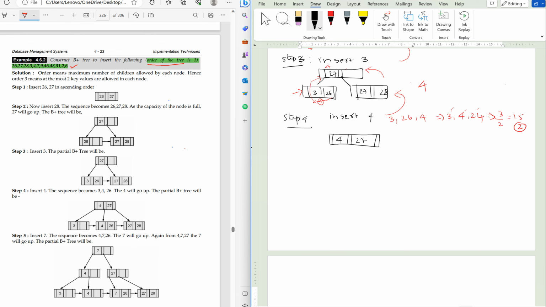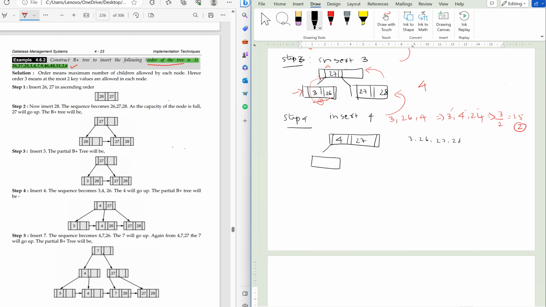So here the values beneath the root node have to be reordered properly. The values in the leaf nodes, that is 3, 26, 27, 28, have to be arranged properly. First we take 3. The values which are lesser than 4 will be coming here.